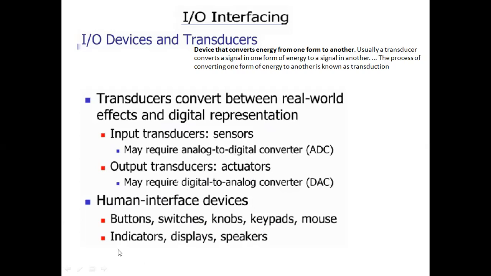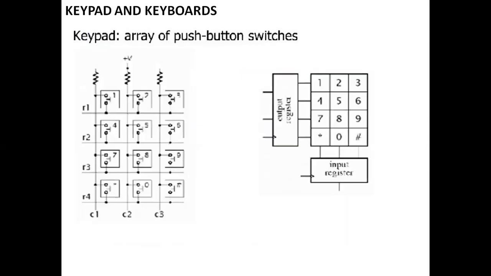Similarly, you find output devices, namely indicators like LEDs, LCDs, displays, speakers, etc. Once we are clear with the definition of transducer, input transducer, output transducer, why they are used, and the examples of input and output devices, let us go with the next input device.